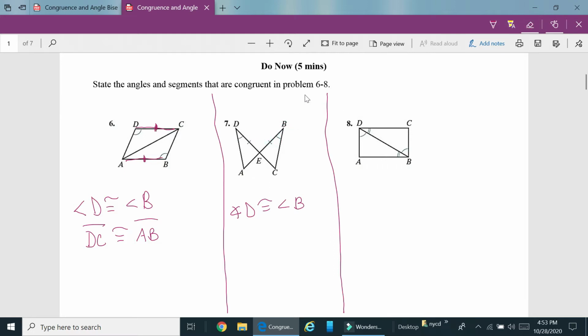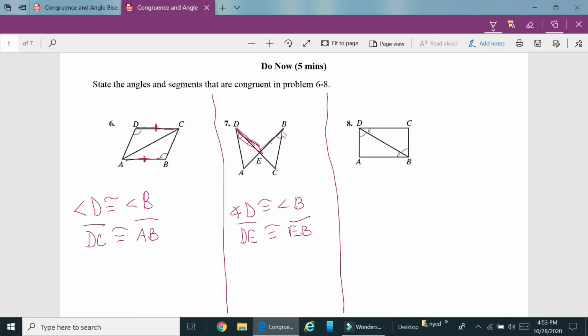Now let's look at the segments here. You have DC, sorry, not DC, DE is equal, congruent to EB. All right, because the line stops at E here.